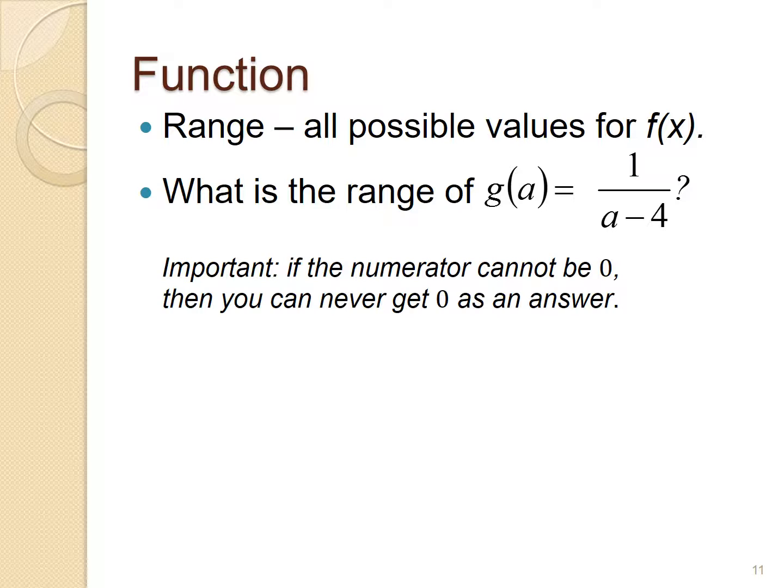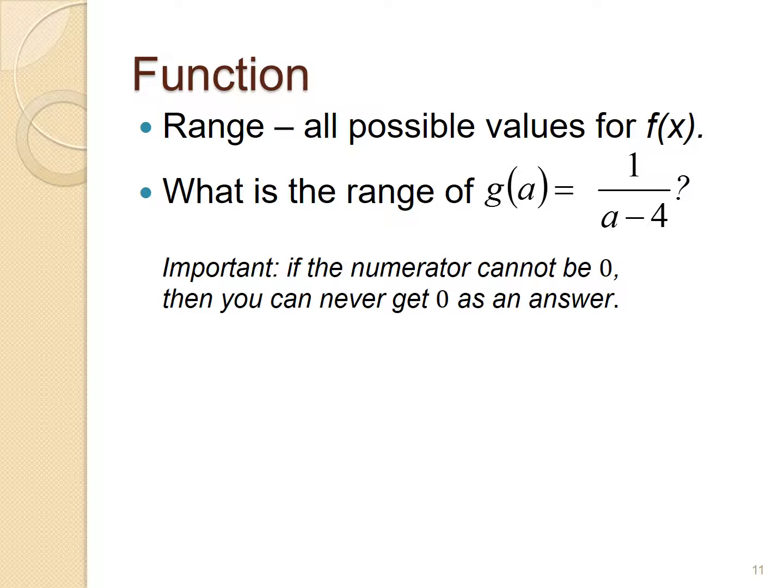What about negatives? Well, we put in a smaller number, say a is equal to 2, we get 1 over 2 minus 4. Well, that's minus 2. So 1 over negative 2 is negative 1/2. And if we keep getting smaller values, when a is 0, it's going to be 1 over 0 minus 4, which is 1 over negative 4, negative 1/4.